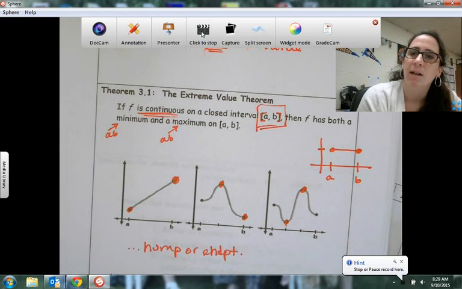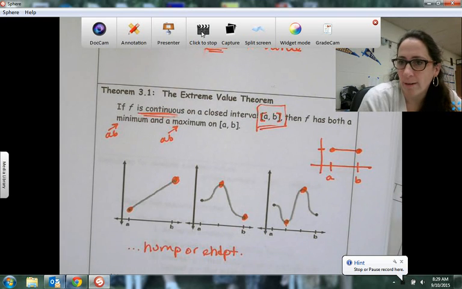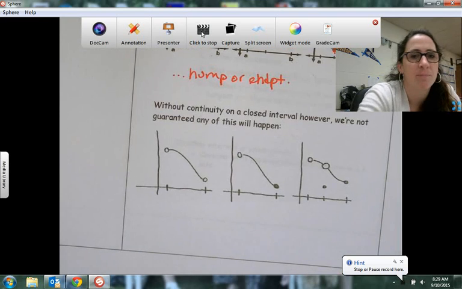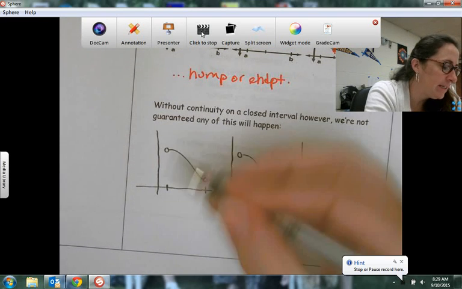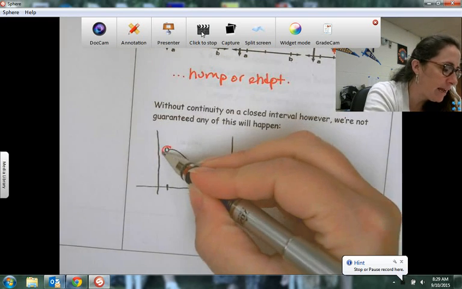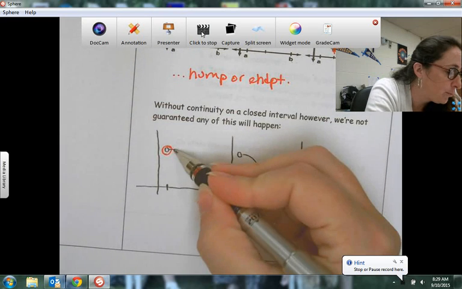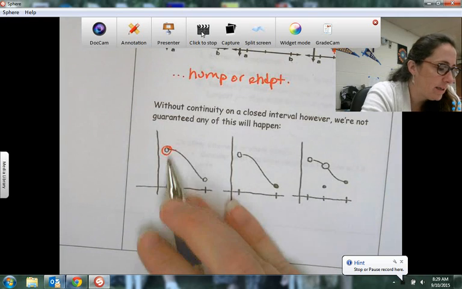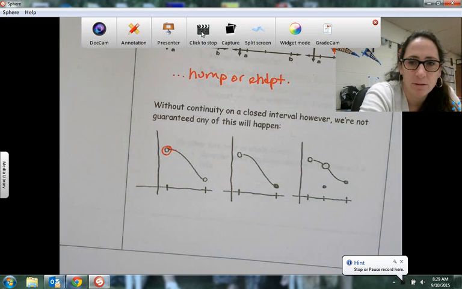Maybe it even, instead of going down, it looked something like this. So you could still have a max and a min when it's not continuous. The theorem just says that if it's continuous and it's closed, you're guaranteed a max and a min, meaning you will always have one. Whereas I could have so many examples where it's not continuous and I never have one.